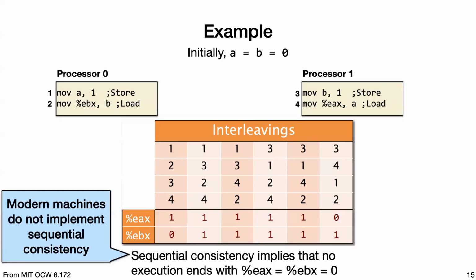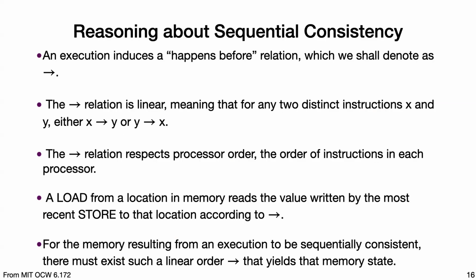So in this one, this happens before this one, and this one happens before this one. And this happens-before is linear. So if you have 2 instructions, either X happens before Y or Y happens before X. If they're in different processors, the happens-before depends on the interleaving that you got.